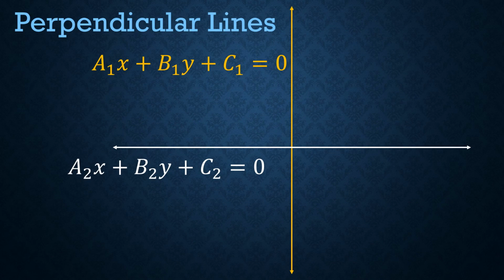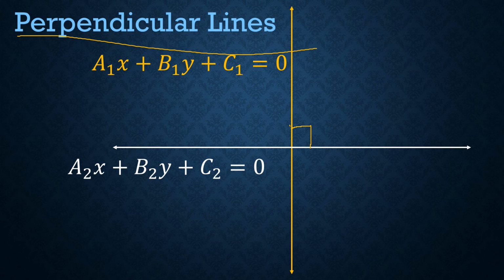Let us move to perpendicular lines. We say that these two lines are perpendicular when the illustration will show, if the graph is given, a 90-degree angle. But in analytic geometry, we are focusing on the equation.